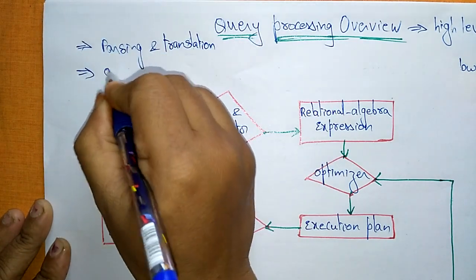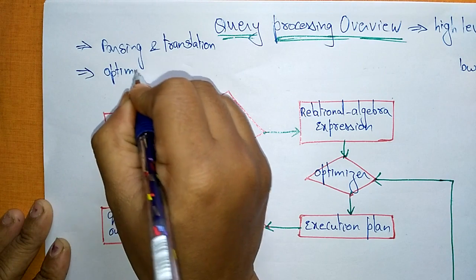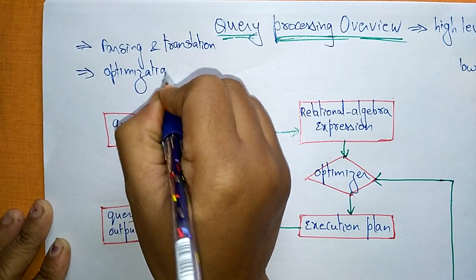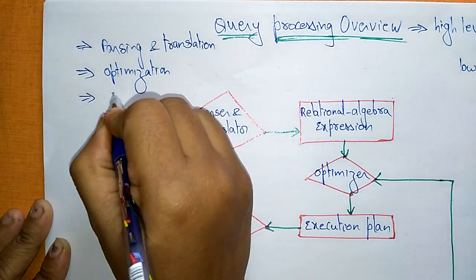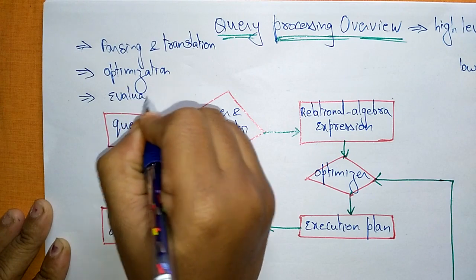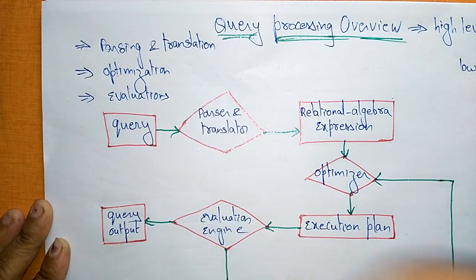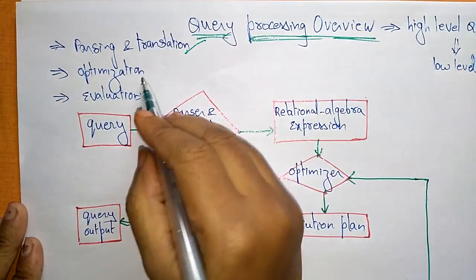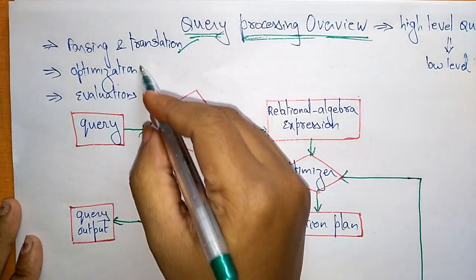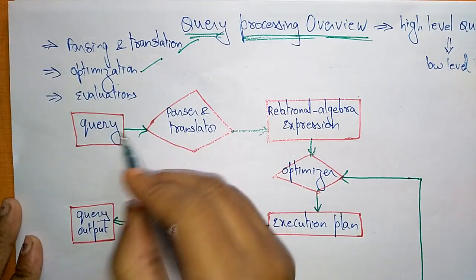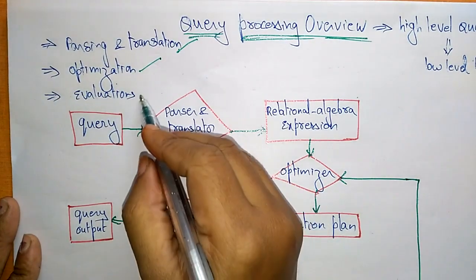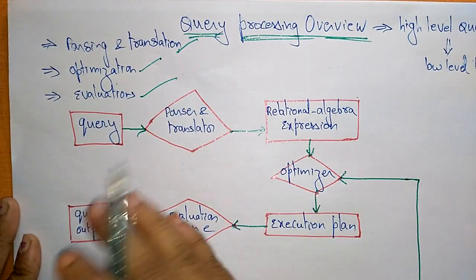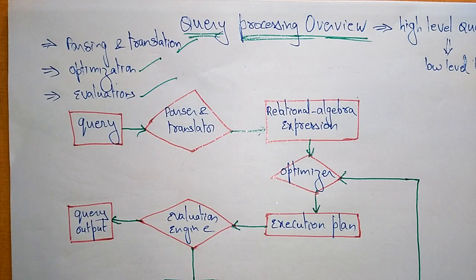Second, it does optimization, and next it does evaluation. So these are the basic steps in query processing. First it does parsing and translation. After that translation, it does the optimization work. After the optimizing, only then does it evaluate the query. Okay, so these are the steps in the query processing overview.